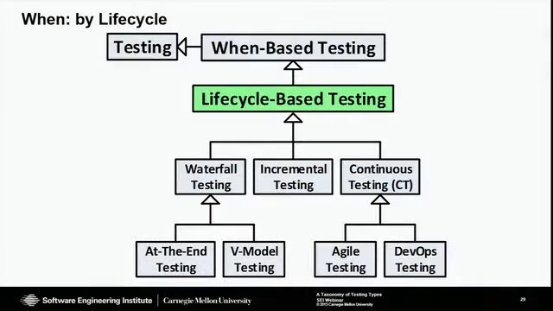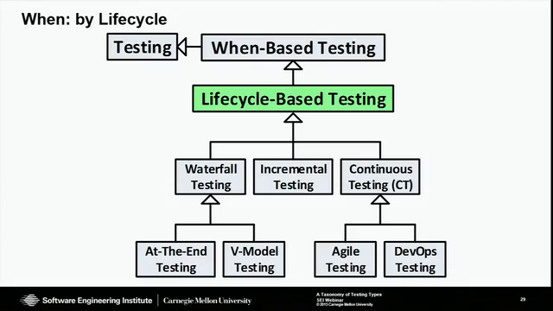Another way of looking at testing, when you're talking about when the testing is being performed, is where in the life cycle you are. So, for example, the type of life cycle that you're dealing with. If you're dealing with a classic waterfall life cycle, you've got basically two traditional approaches.